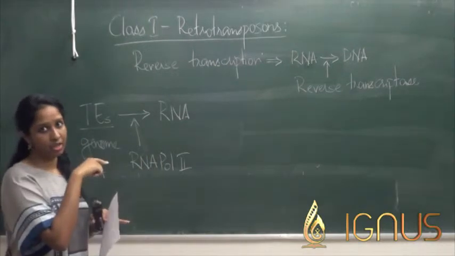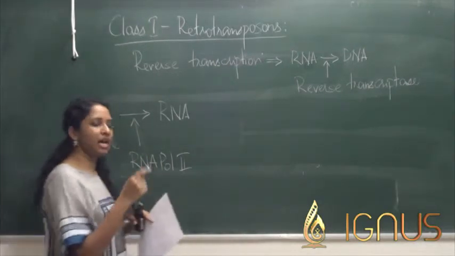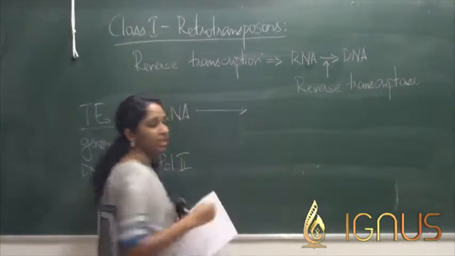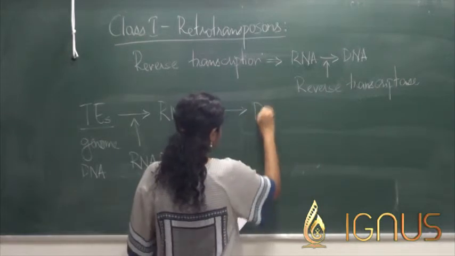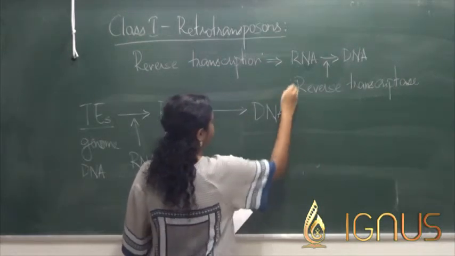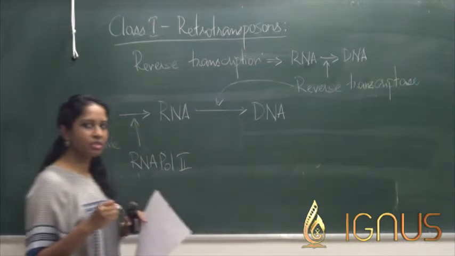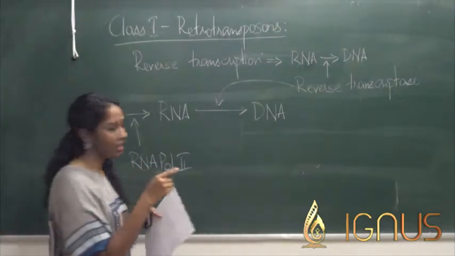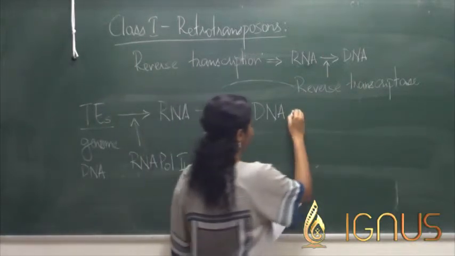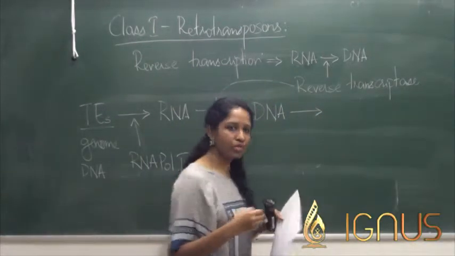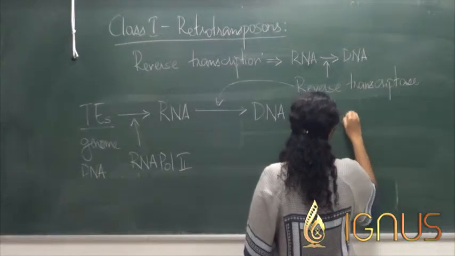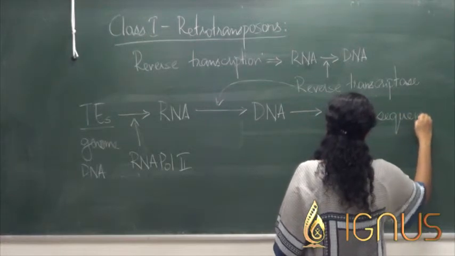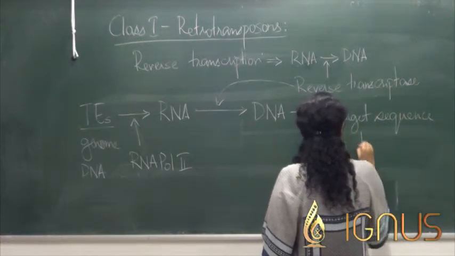Now once RNA is synthesized, this is going to get converted into DNA by reverse transcriptase. So reverse transcriptase is going to convert RNA into DNA, and once this DNA has been formed, it is going to be moved to the target sequence in the genome.